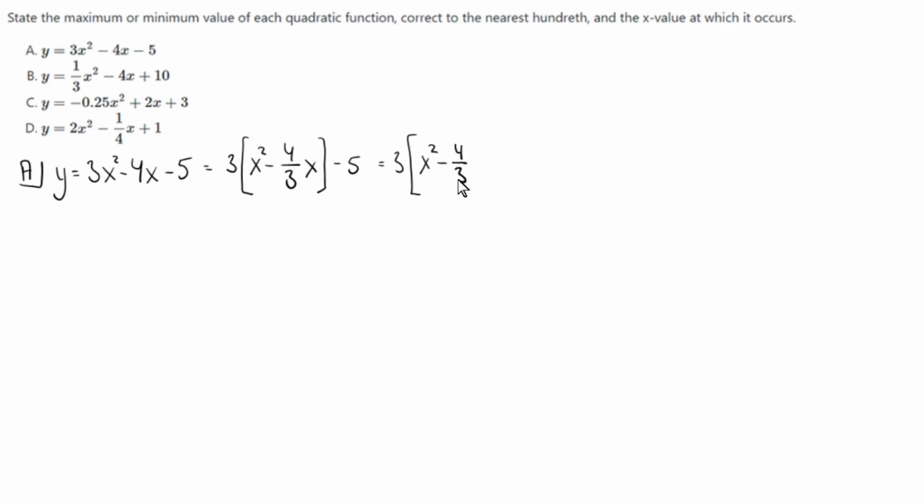So we're going to take 4 over 3x, 4 over 3 divided by 2, and we're going to square it. So that's going to be 4 over 6 squared. We added it, and we're also going to subtract it.